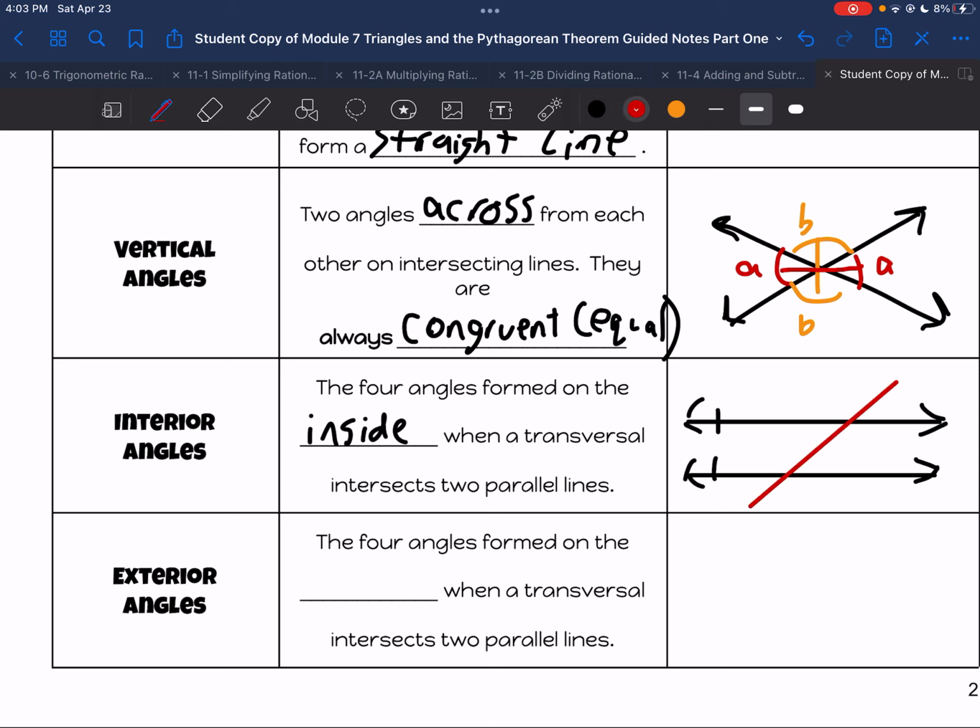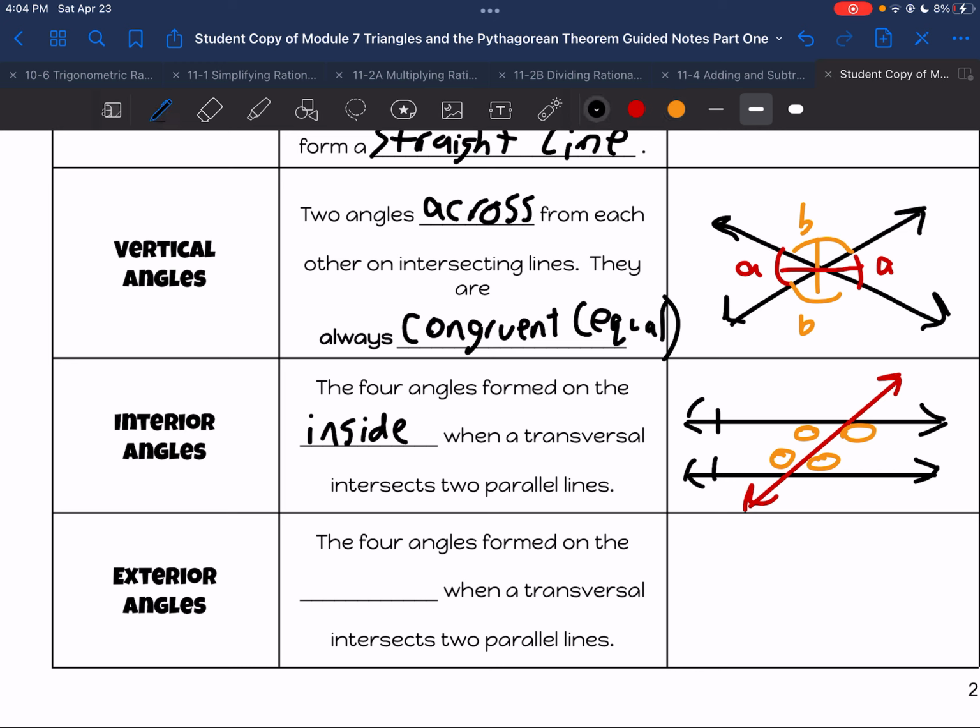And we have a transversal that's cutting across. Our interior angles are going to be here, here, here, and here. Interior means they are inside of the parallel lines. Interior, inside. So our 4 interior angles are right there.